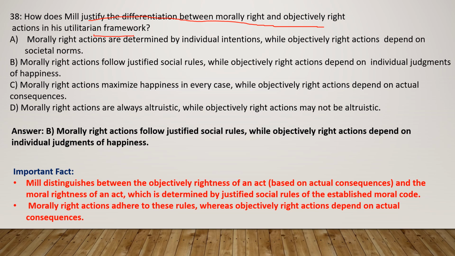Mill distinguishes between the objective rightness of an act based on actual consequences and the moral rightness of an act which is determined by justified social rules of the established moral code. Morally right action adheres to these rules, whereas objectively right actions depend on actual consequences.